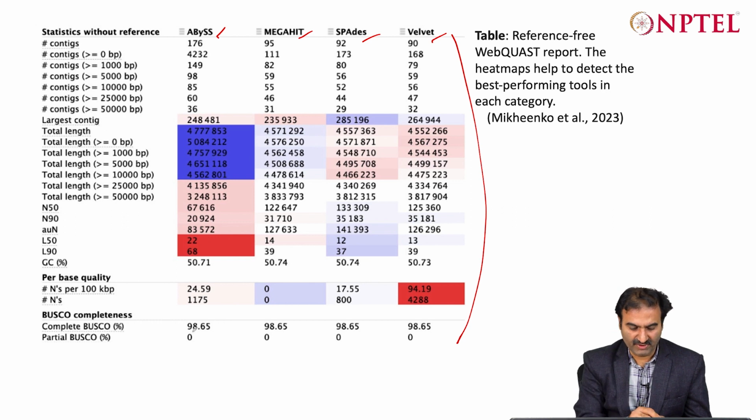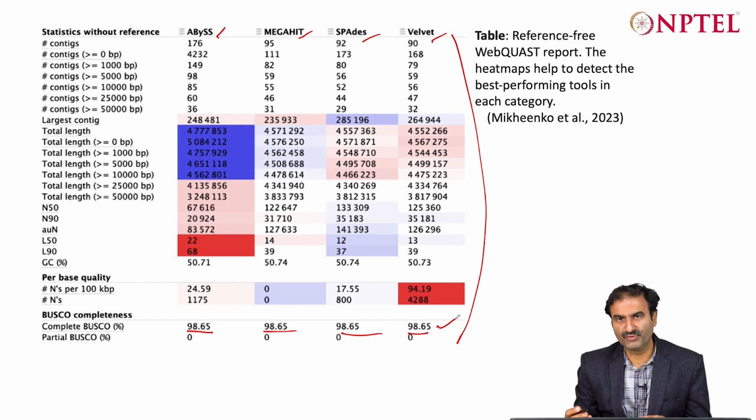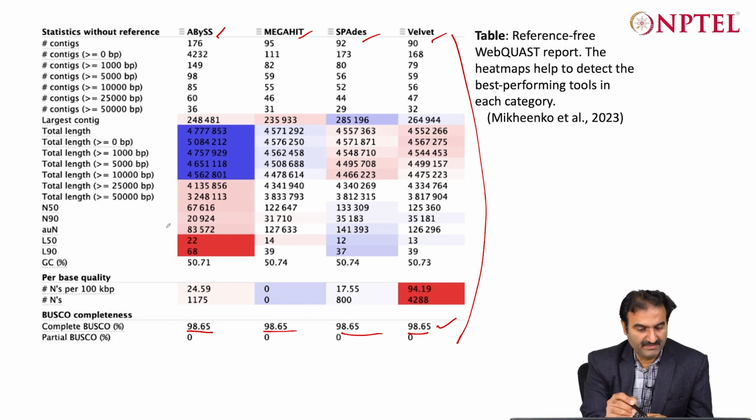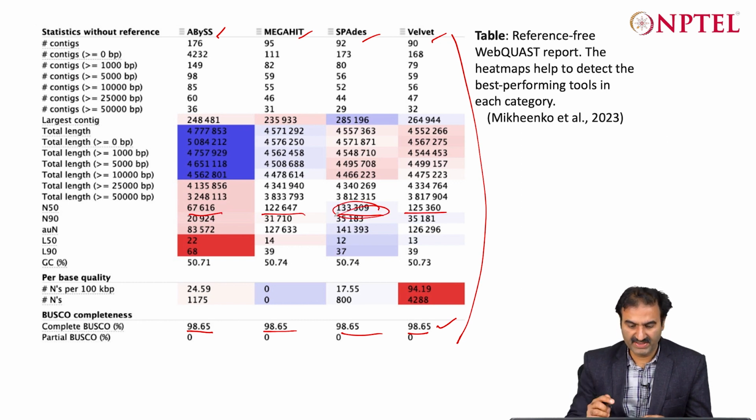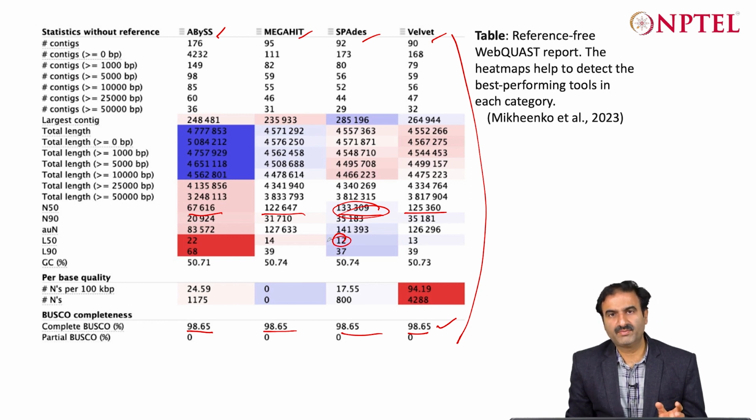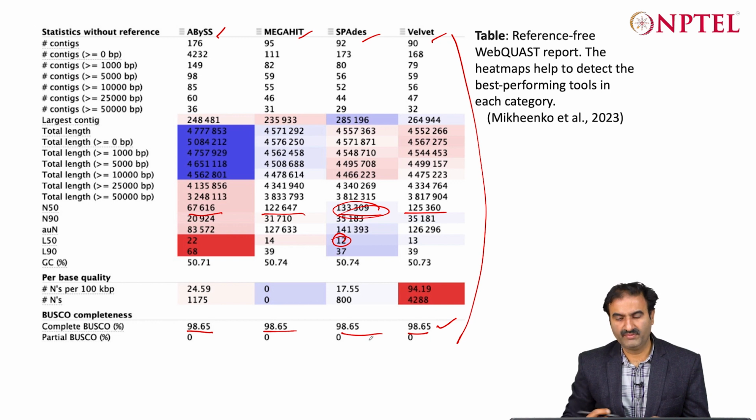In the end it is also reporting the BUSCO score, and you can see that for all the tools the BUSCO score was almost equal, although the N50 showed a lot of variation. SPAdes had the highest N50, and the L50 was also lowest in SPAdes. That means SPAdes did the best among all, although in terms of BUSCO all were almost equal.